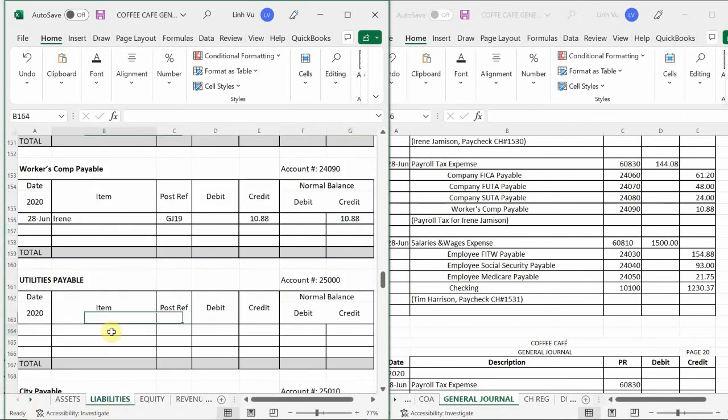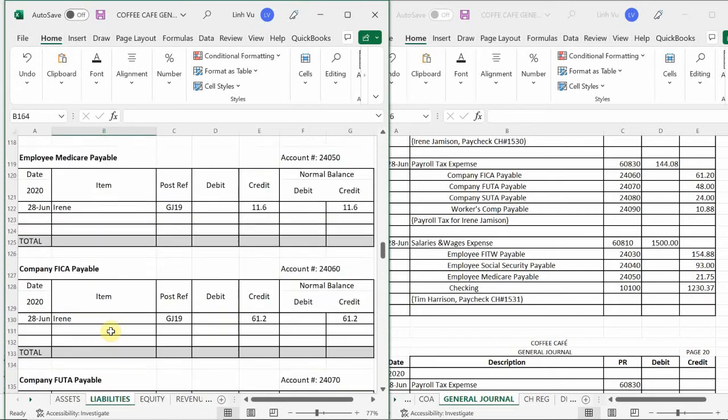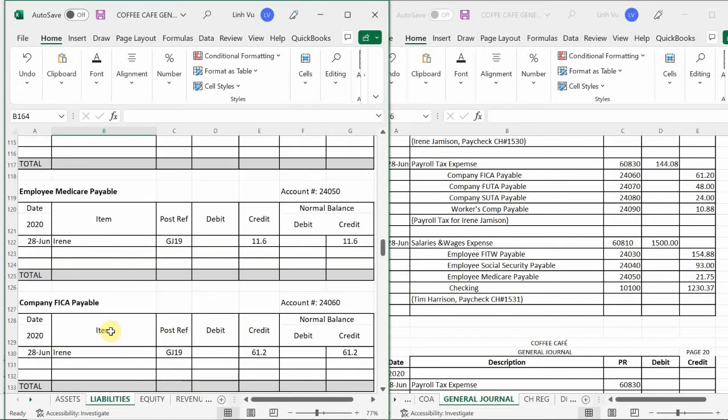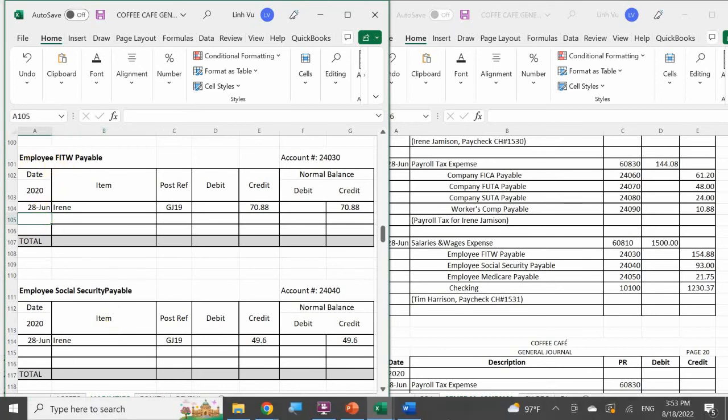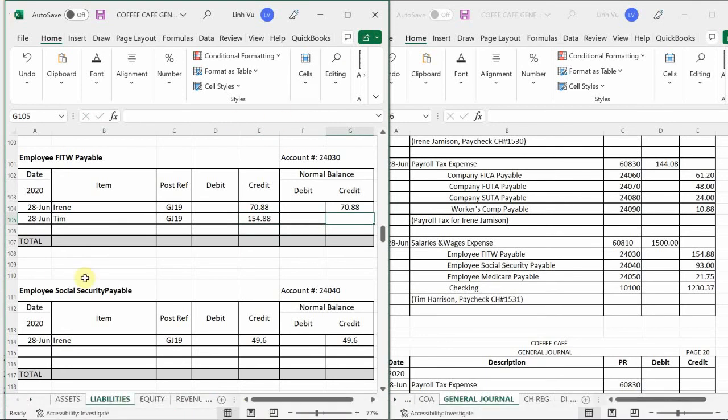And then we go to the liability for the taxes that he paid, starting with employee FITW, 154.88. So the grand total is 225.76 now.